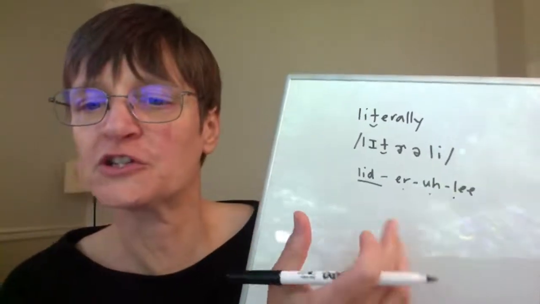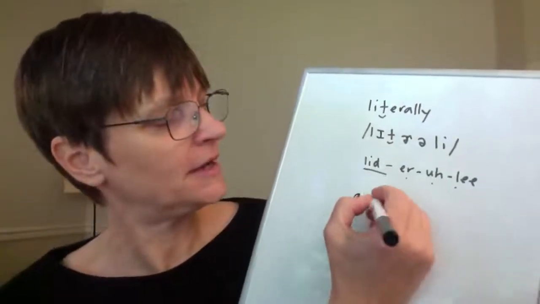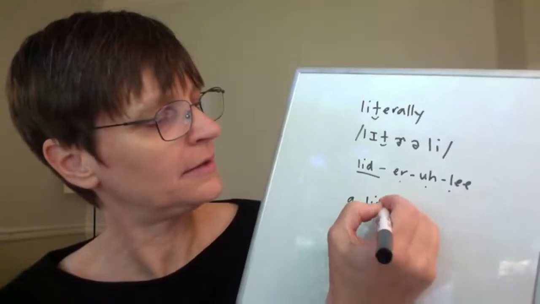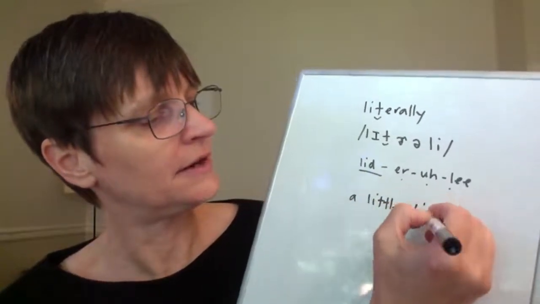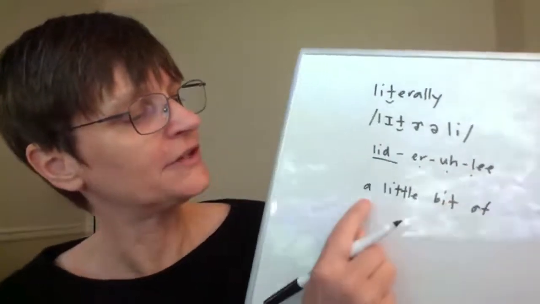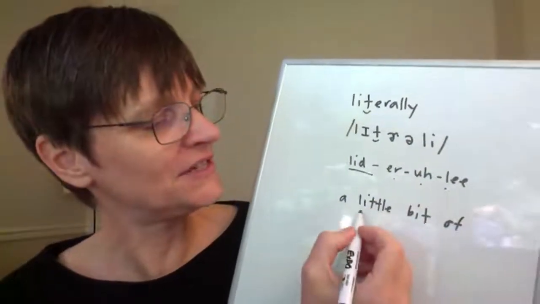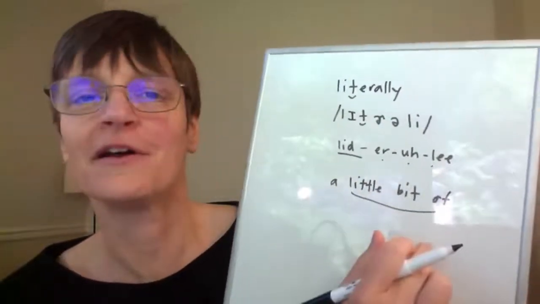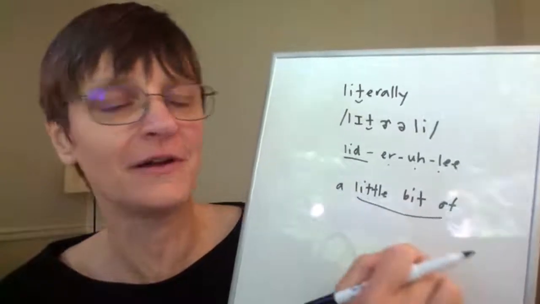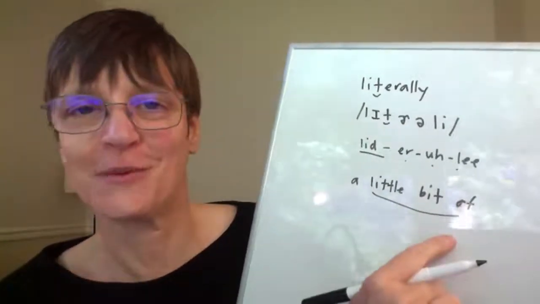And your other question was the phrase a little bit of. So again, you probably notice we tend to put this all together. Americans will run that phrase together, a little bit of. And so there's a lot going on there as well.